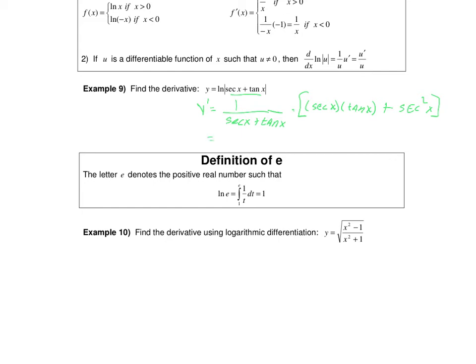So if we put that all together, what are we going to have? What if I factor out a secant x, then I would have tangent x plus secant x all over secant plus tangent.